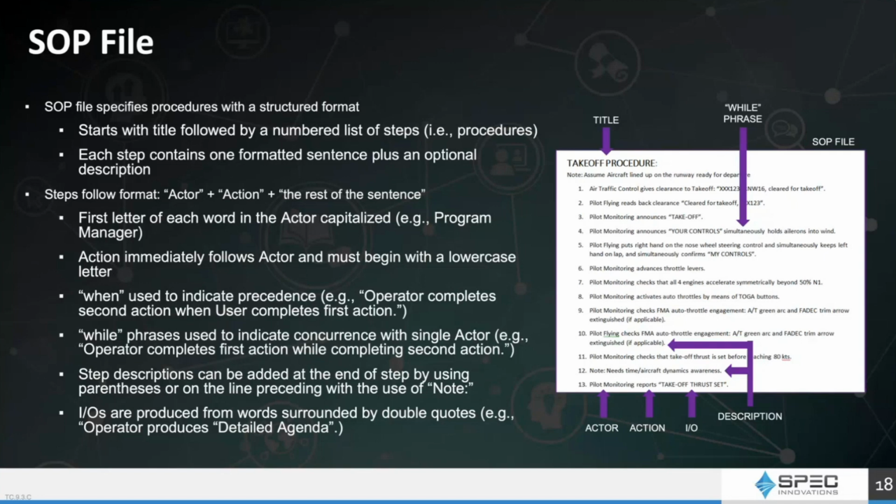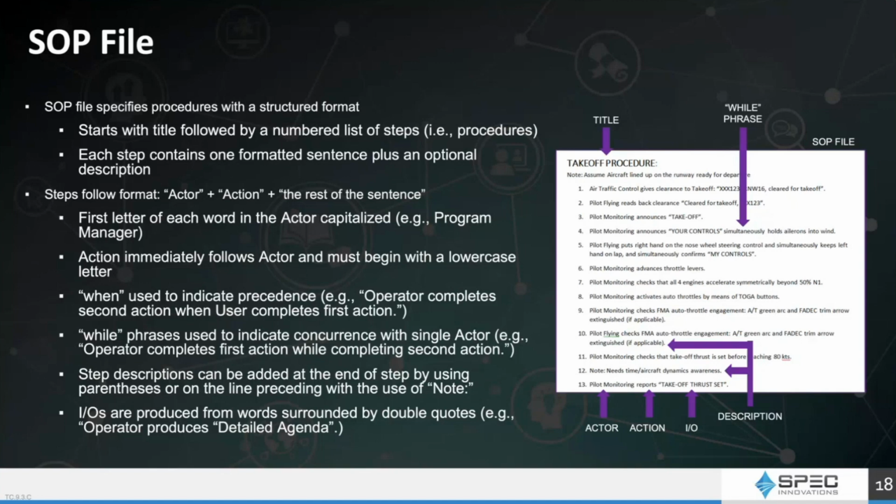And so those verbs have specific things they're doing. So in number 3 here, pilot monitoring announces takeoff. So it's easy, right? My actor, which is my asset in InnoSlate, is the pilot monitoring, and announces takeoff is my action.